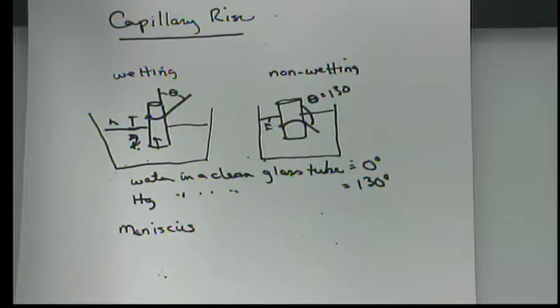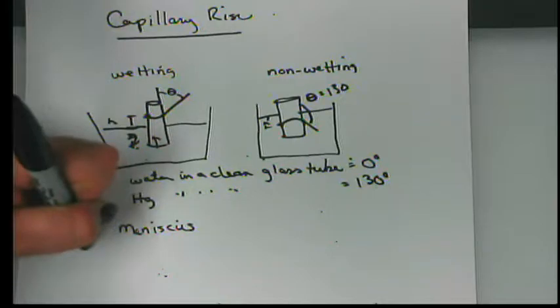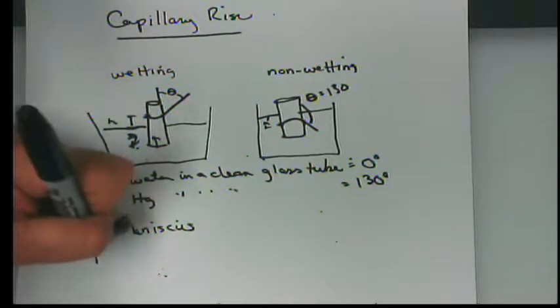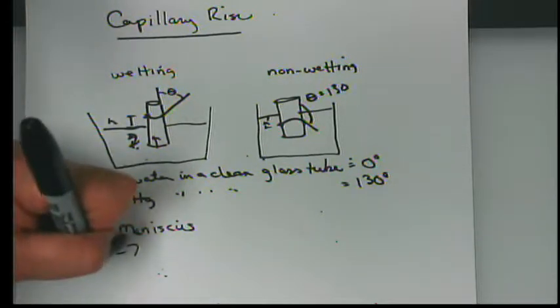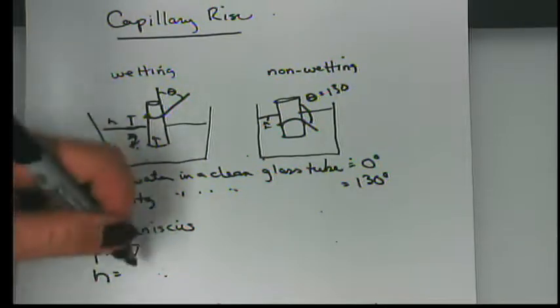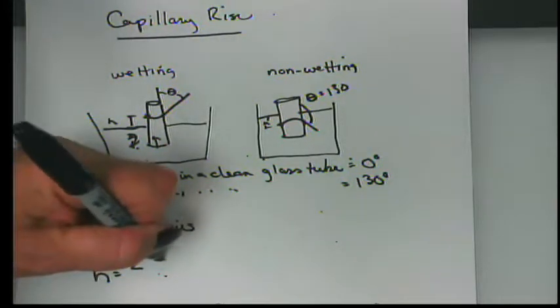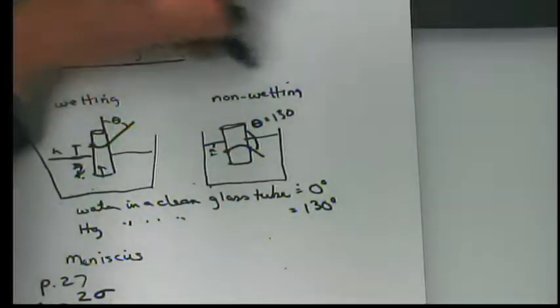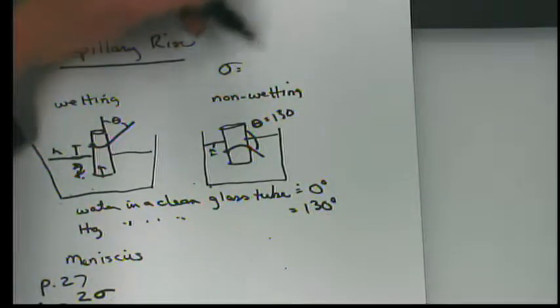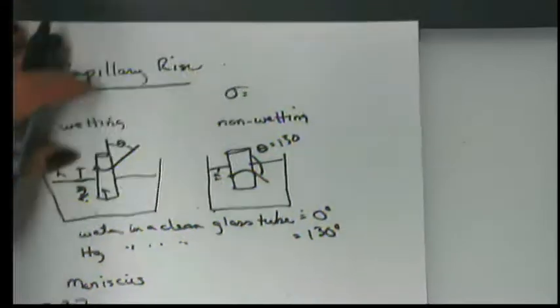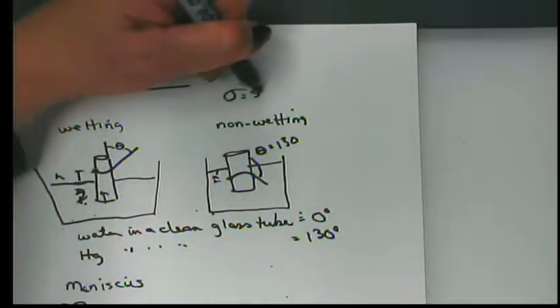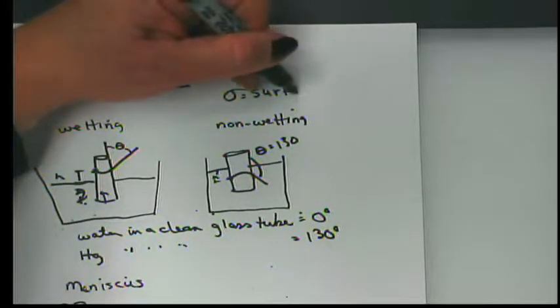But basically, we can use some values of the fluid, and this is on page 27 in your textbook, but we can calculate this value of H by taking 2 multiplied by the surface tension, which is going to be in units of force per length. We'll talk about that in a minute. I'll show you where to find these values.